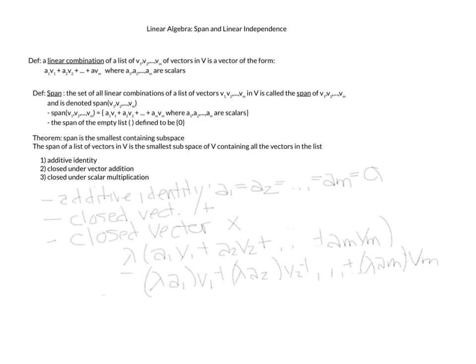So again, all I did is get new coefficients, but they're still real number coefficients multiplied by my scalar, so I'm still in the span. Because I've shown all three of these things are true, I have shown that the span of a list of vectors is a vector space.